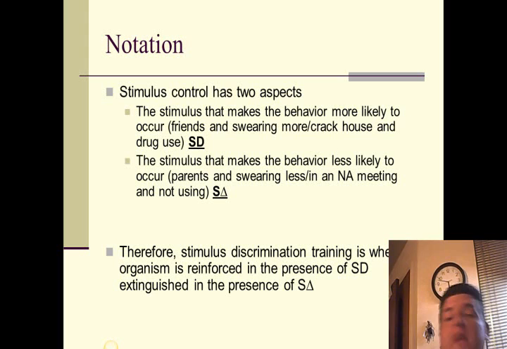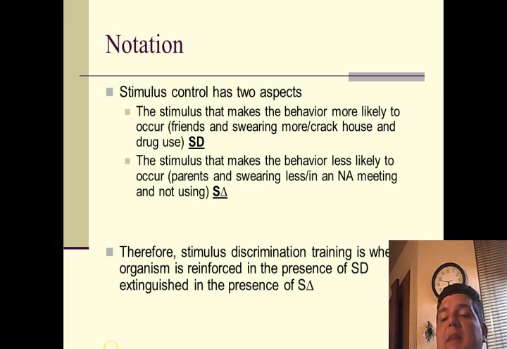Notation. Stimulus control has two aspects. There's SD and S delta. SD is the stimulus that makes the behavior more likely to occur, friends and swearing more, crack house and drug use. The stimulus is there, your friends are around, and it causes you to curse more, or if you're at a drug house, you're more likely to do drugs. That is stimulus discrimination, SD.